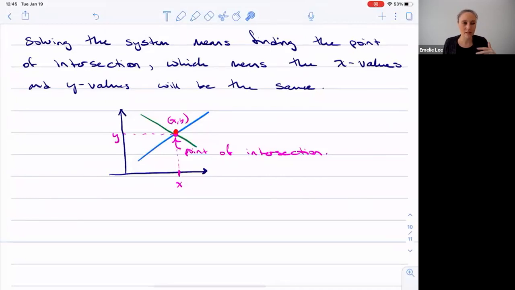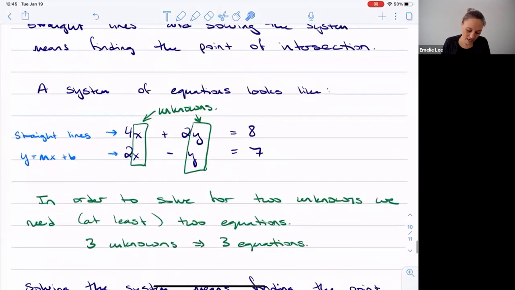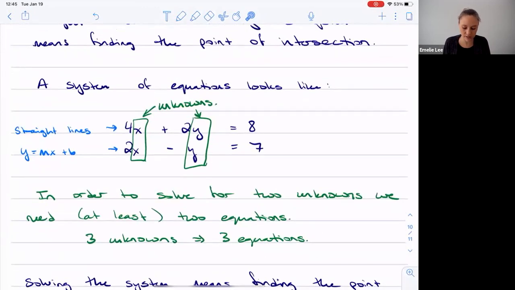So there are a couple of different special case scenarios that we might come across, but for now we're just going to find the point of intersection. And to do that, if we have a system like this, 4x plus 2y equals 8 and 2x minus y equals 7, there are a couple of things that we can do here.